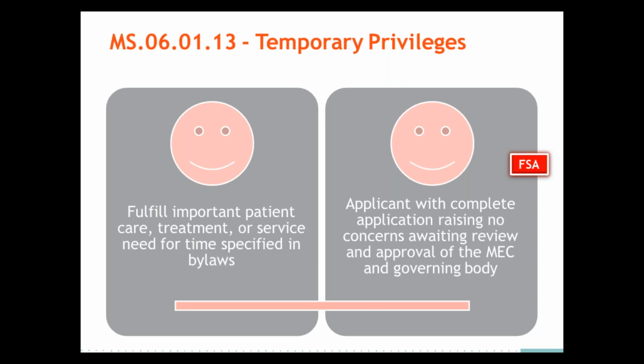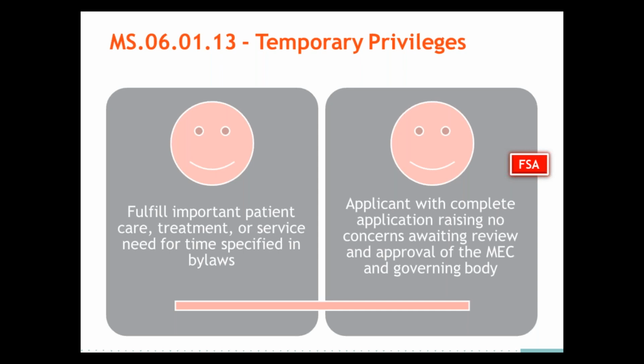That's an important patient care need, because if we don't have that, then those patients aren't going to be able to be taken care of. And the other thing is, if we have an applicant that has a complete application, no red flags, no concerns, and all we're doing is waiting for the medical executive committee to make its review and the governing body to approve it.